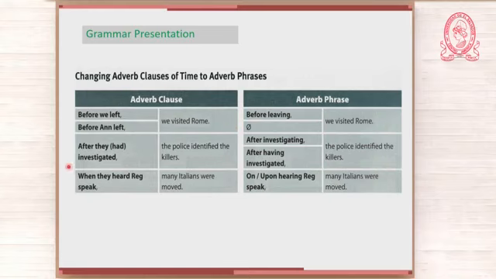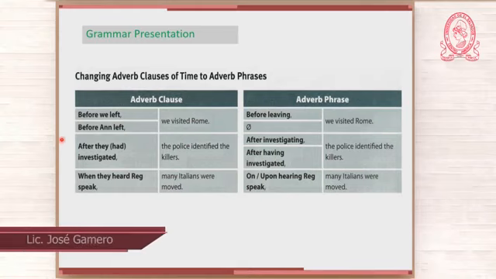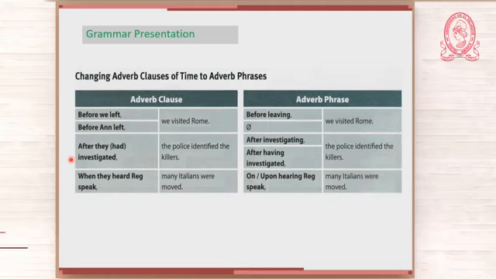Now, let us see another example. After they had investigated, the police identified the killers. What is this they? That is the police. It is plural, and they is plural.